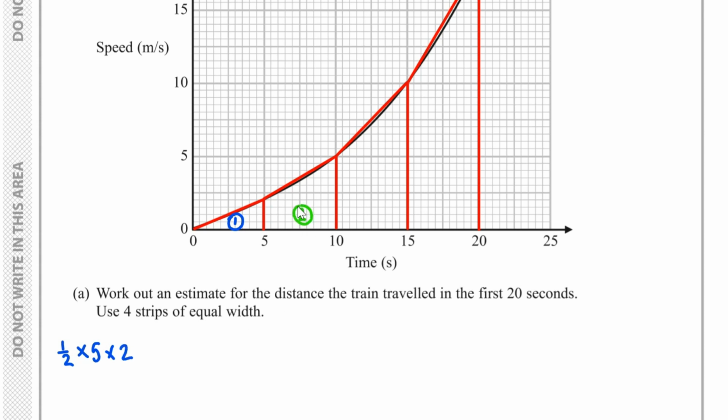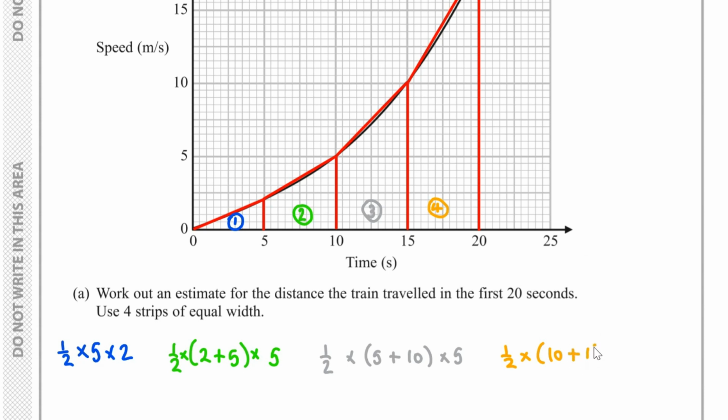Area of this second segment, that's 1/2 lots of 2 plus 5, lots of 5. Area of this third segment, we've got 1/2 times 5 plus 10, times 5, and area of this fourth segment, we've got 1/2 times 10 plus 18, times 5.